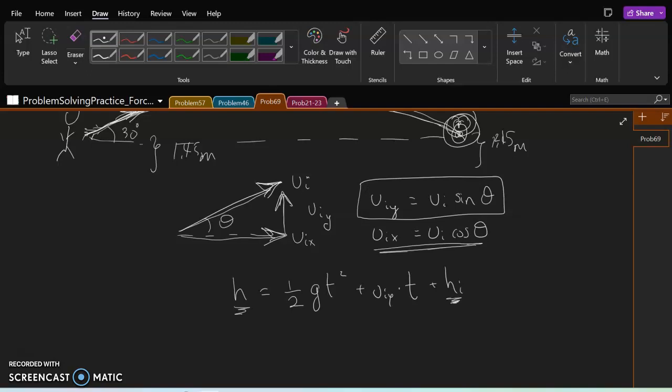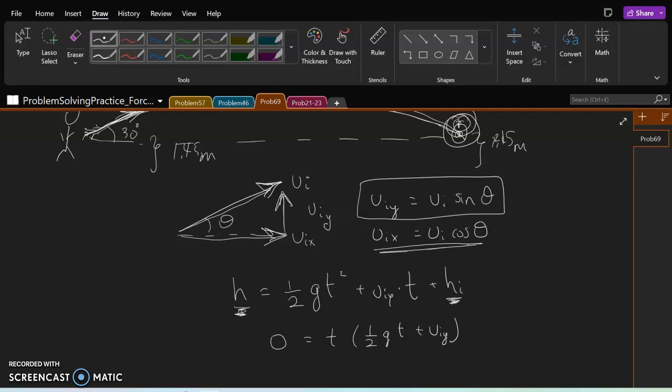Let's just think of the final height as 1.45, and so is the initial height, 1.45. So these two things cancel, and I would get 0, and I can factor out a t here. It's going to be t times (a half g t plus V_iy).